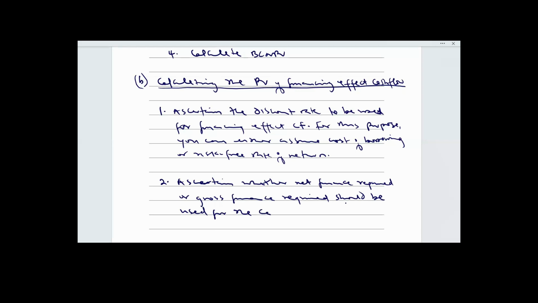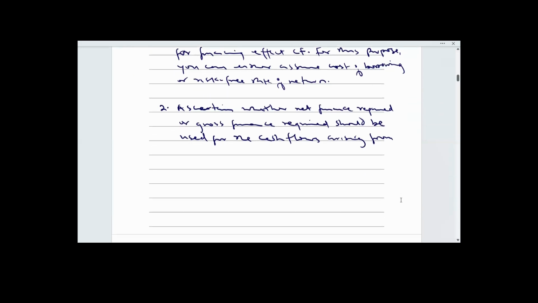For the cash flows arising from subsidized loan or tax saved on interest.